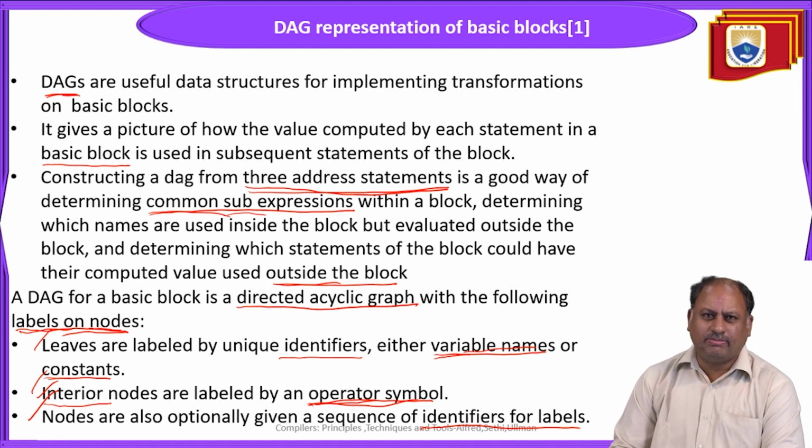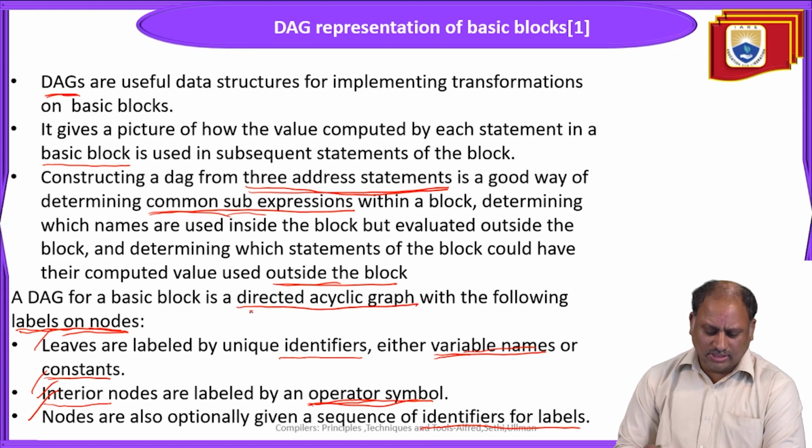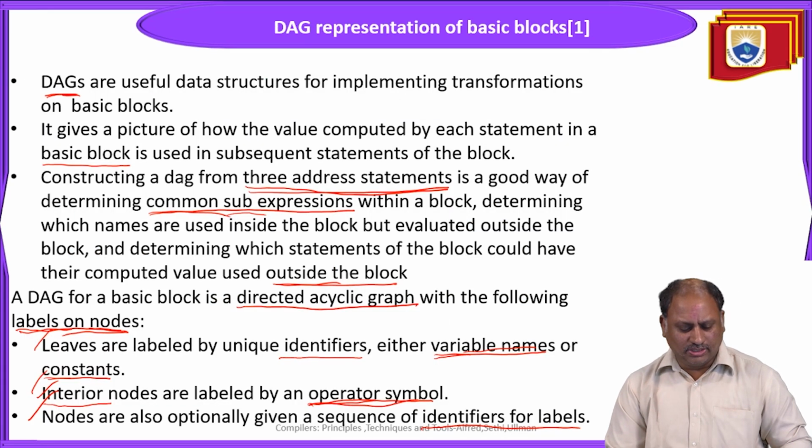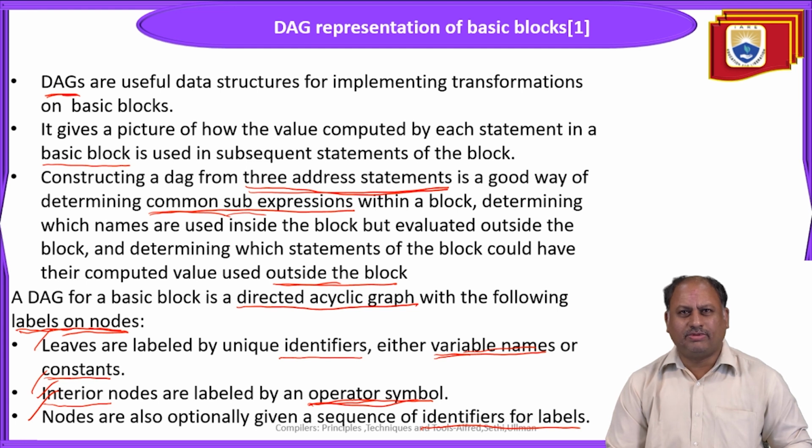So here a separate block of statements is considered as a three address statement. All the three address statements are to be represented, and any common sub-expression eliminations have to be evaluated, whether they are inside the block or outside the block. All of these are to be depicted and evaluated in terms of this directed graph information.